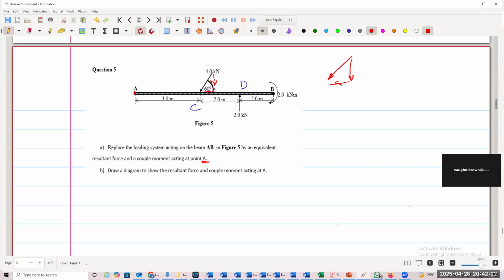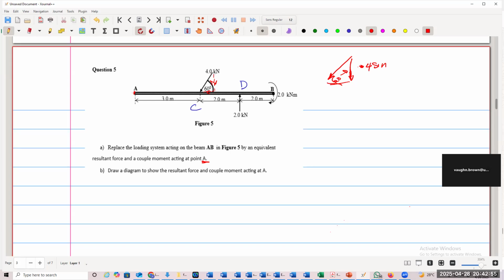So it's the equivalent resultant force. Remember, we did it and we probably haven't recognized it. Let's identify the components of this force. The component of the 4 kilonewton force going down is the opposite component for the y. So this one is negative, coming down, and it is 4 kilonewtons sine 60.